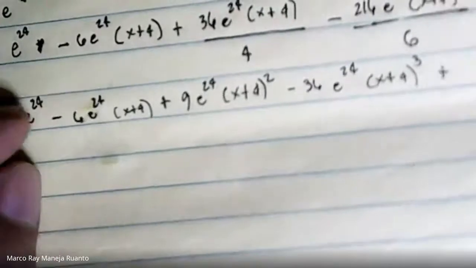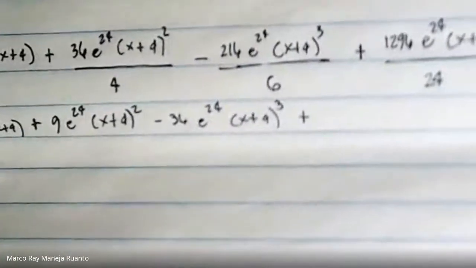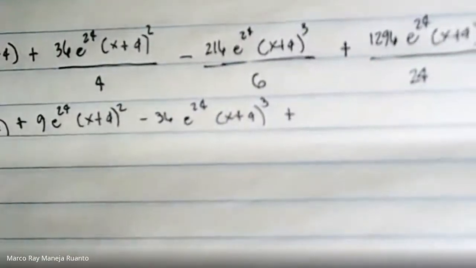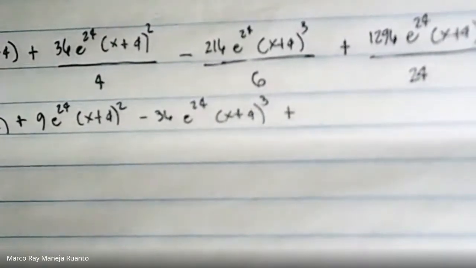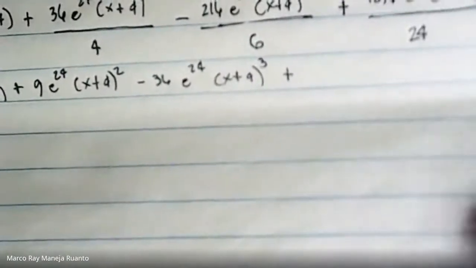Okay. Then plus dayon, the last term. 1296 divided by 24 ba? What is 1296 divided by 24?